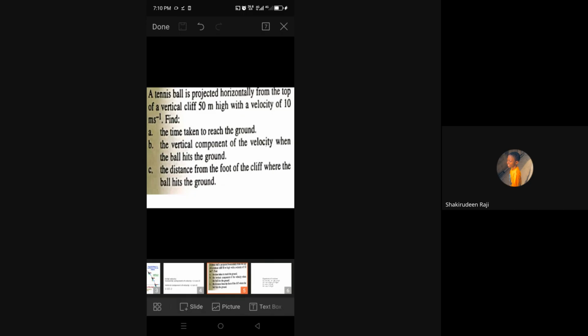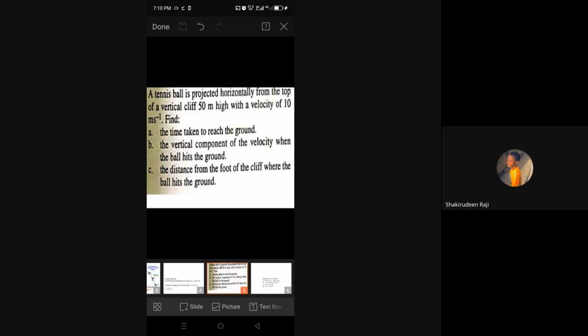A tennis ball is projected horizontally from the top of a vertical cliff 50 meters high. They have given you height now, with a velocity, that is the initial velocity, because they are projecting the ball with this velocity. So they are giving you u.